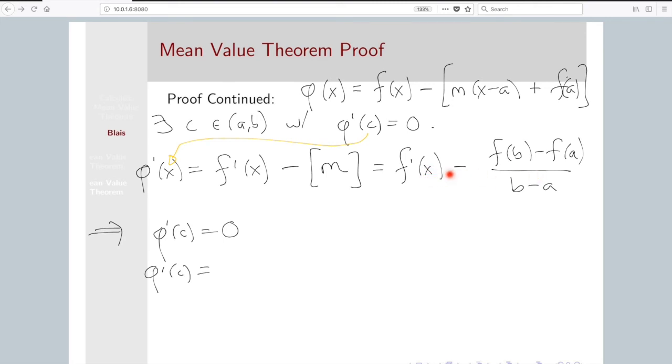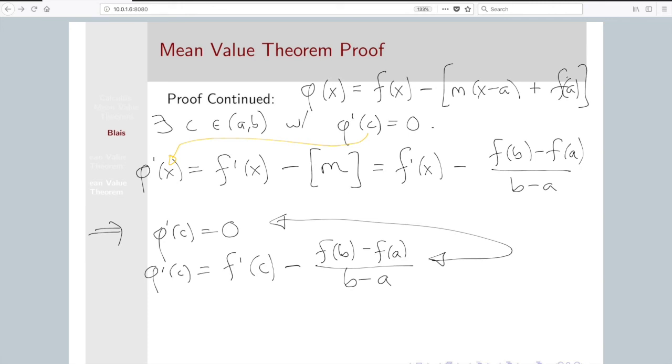That's the only x appearing in phi prime of x. So we get f prime of c minus the quantity f of b minus f of a over b minus a. Those two are the same. They must be, this expression here must be equal to 0 because they're both phi prime of c, which tells us that f prime of c equals f of b minus f of a over b minus a, which proves the mean value theorem.